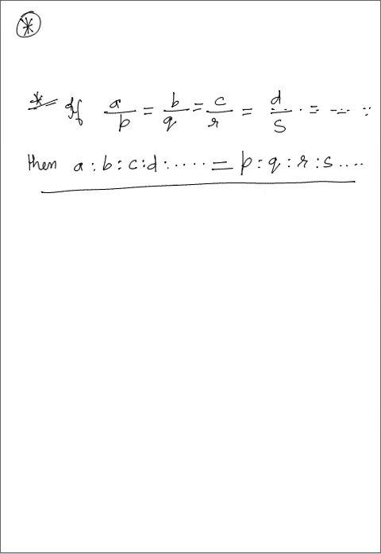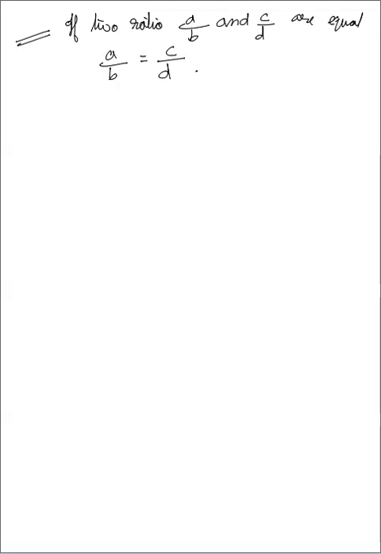Suppose if two ratios A by B and C by D, if these are equal, equal means A by B is equal to C by D. Okay, we know that two ratios can be equal if we multiply or divide by same number on both the numerator as well as denominator.